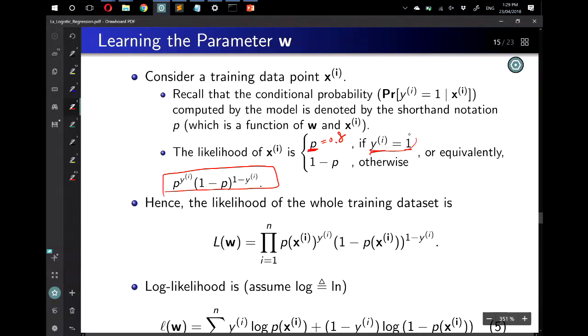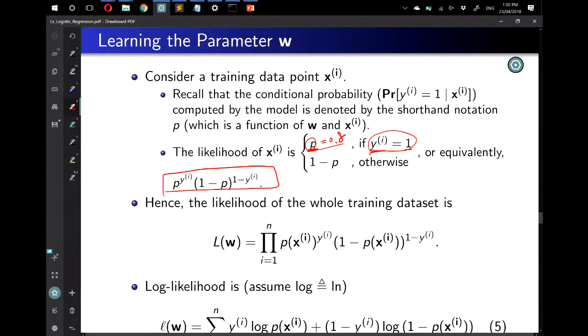If my model is saying that for this x the probability of y equal to 1 is 0.8, let's say this is accurate, then what's the probability that the real outcome observed is exactly 1? It's nothing but p. Let's say I know a biased coin has a probability of 0.8 of having a head.